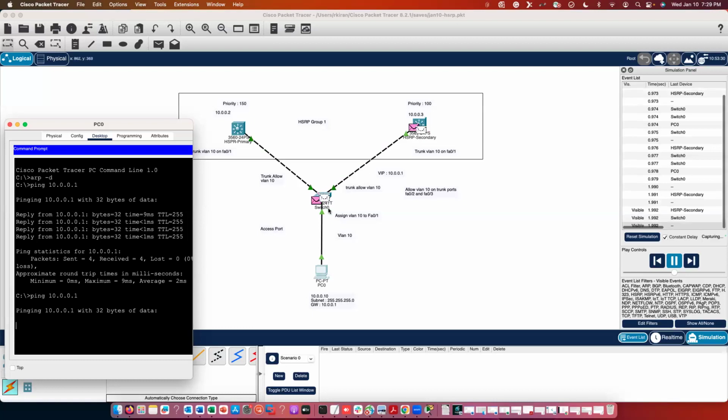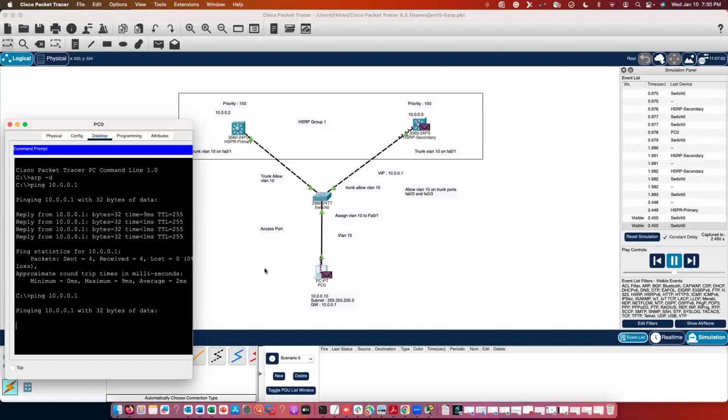The switch will update its MAC address table. We should have done the ARP clearing, guys.